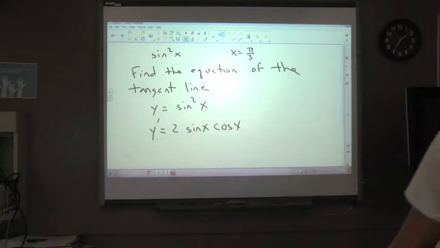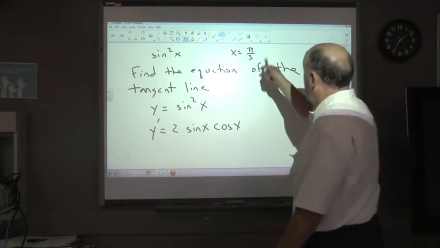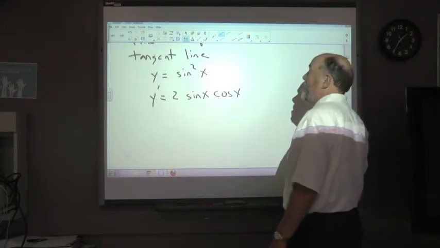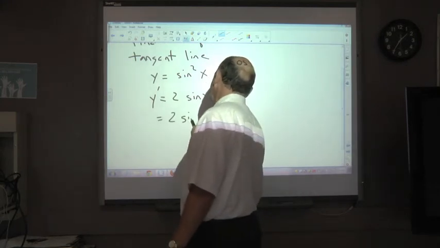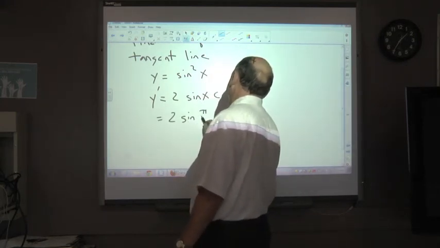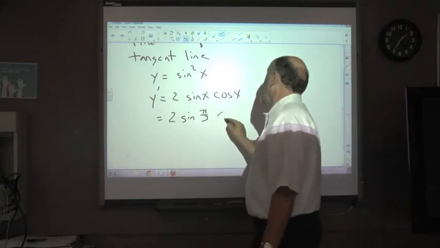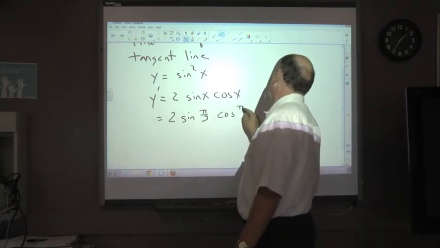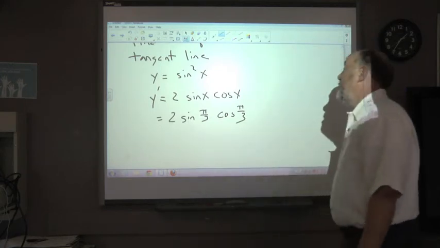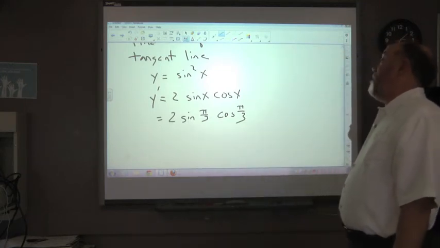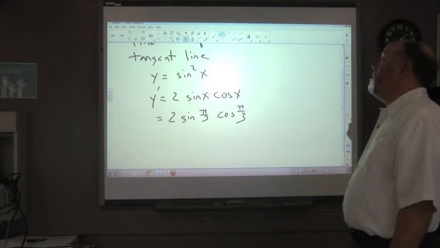Now, because we have a point, x is pi over 3, we can evaluate this. So this is going to be 2 sine pi over 3 cosine of pi over 3. Right? And so we can evaluate that and get our value here.